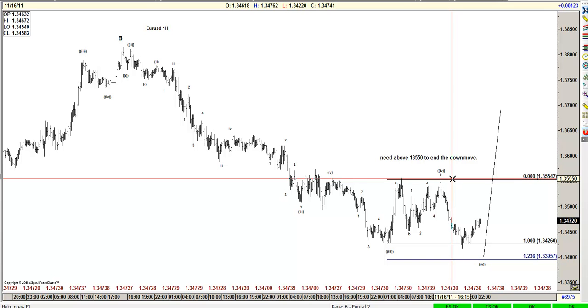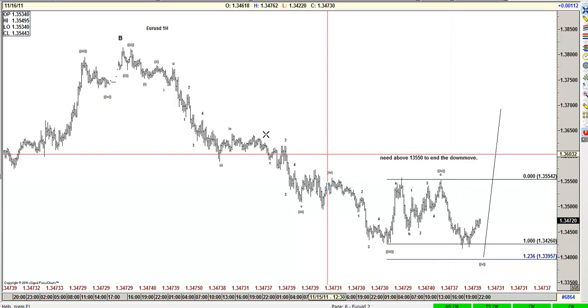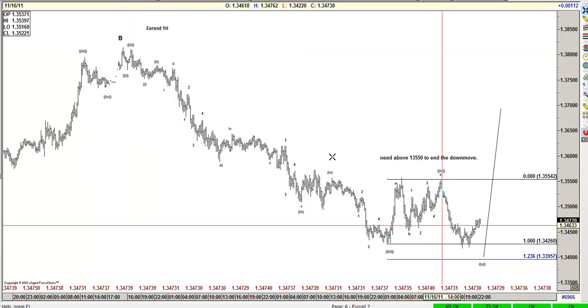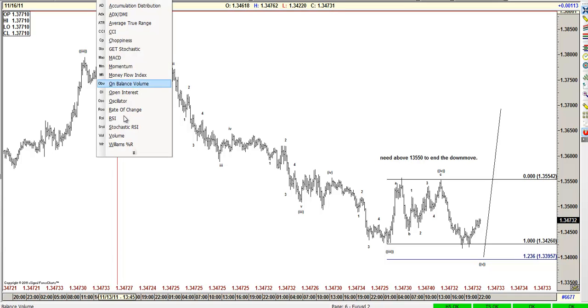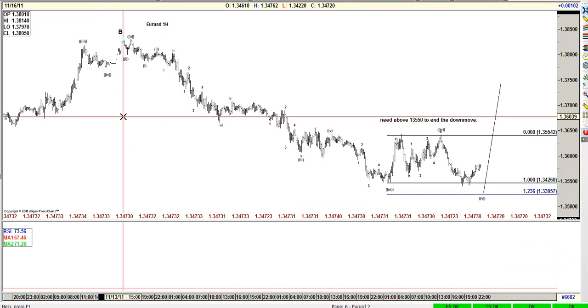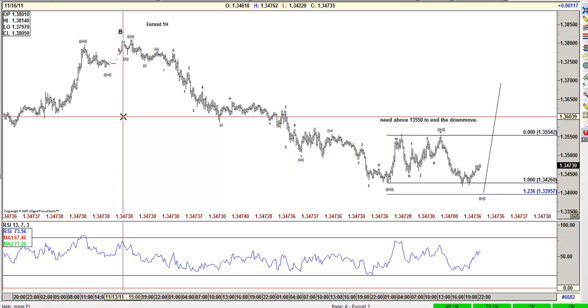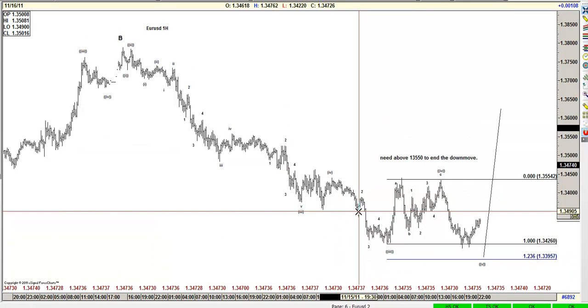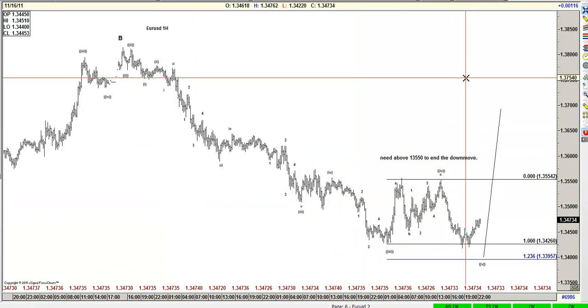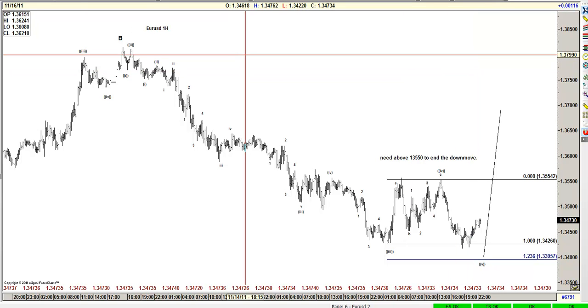We made it either way. I believe that this is an impulse, and that it is well defined. And again, that structure right there does not support a drop in S&P to 1100, so to the 1190 area. That's why we keep favoring this scenario.